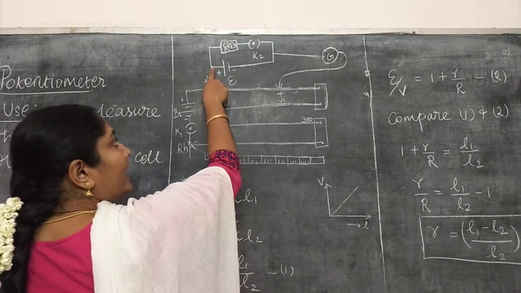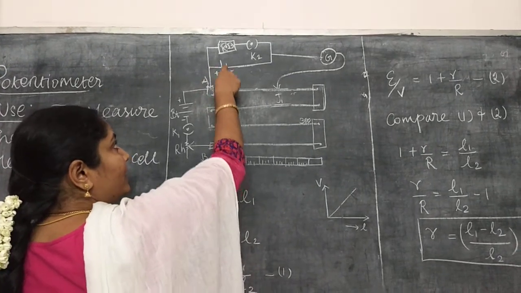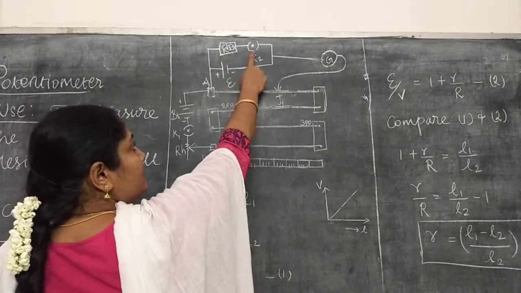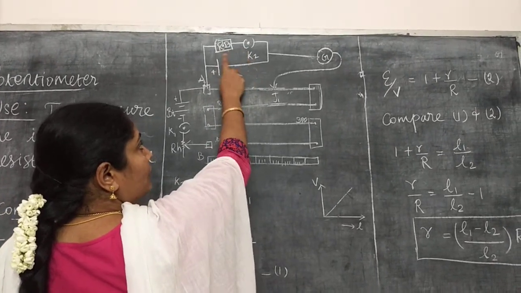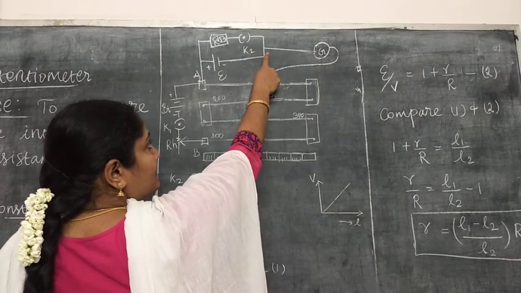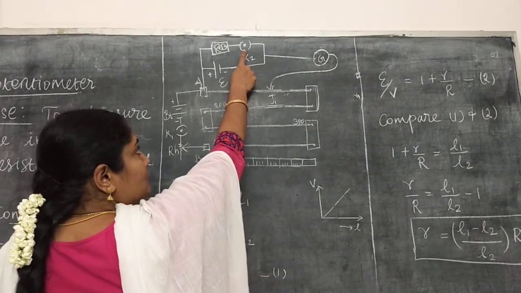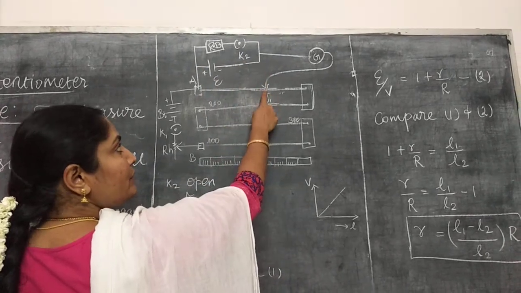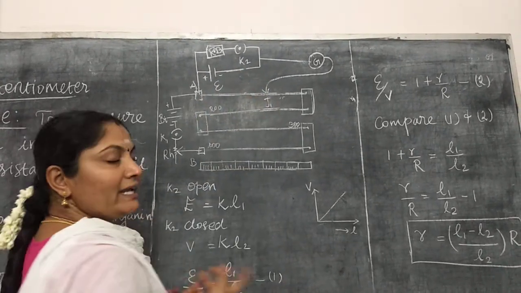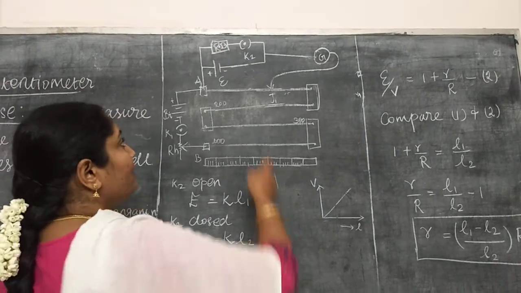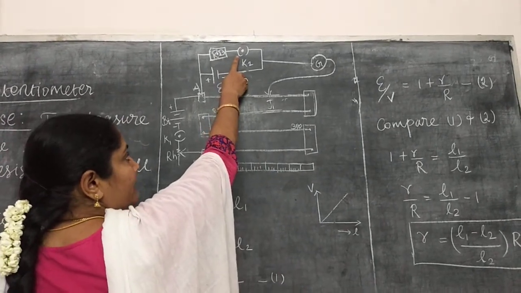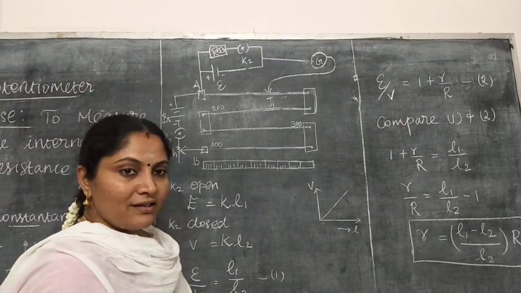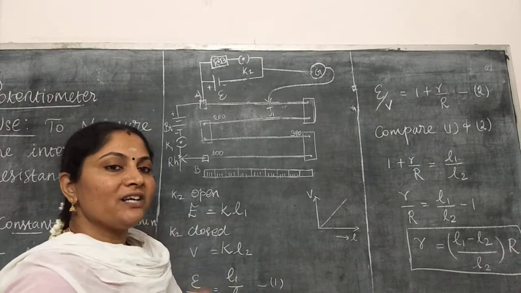In this cell, the high resistance box, the resistance box as well as a key K2 are also connected in parallel. If this key is open, the EMF can be measured with the help of the balancing length AJ1. If this key is closed, it becomes a closed circuit and that will measure the potential difference.